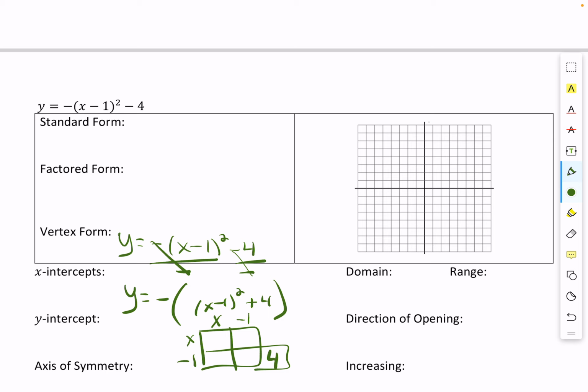Okay. X times x? X squared. X times negative 1? Again, negative 1x. Negative 1 times negative 1? What's negative 1 times negative 1? Positive 1. Two negatives make a positive.